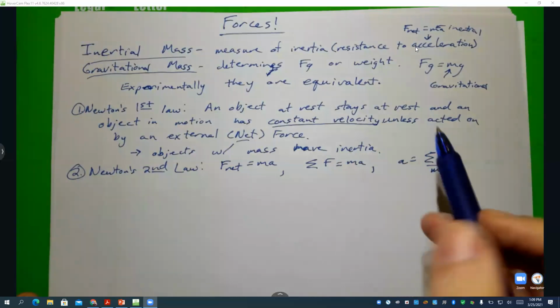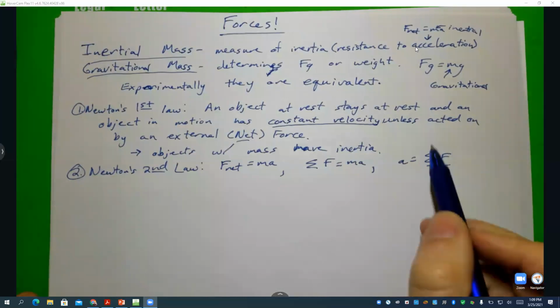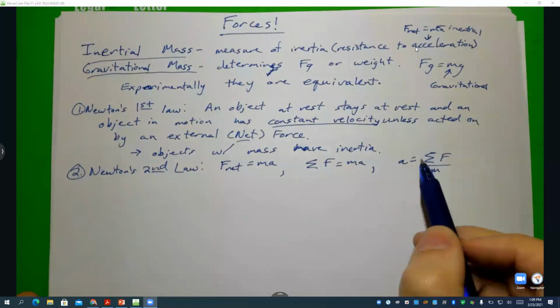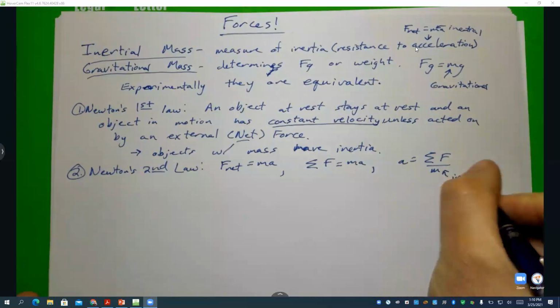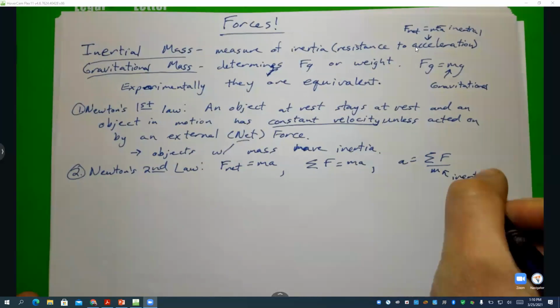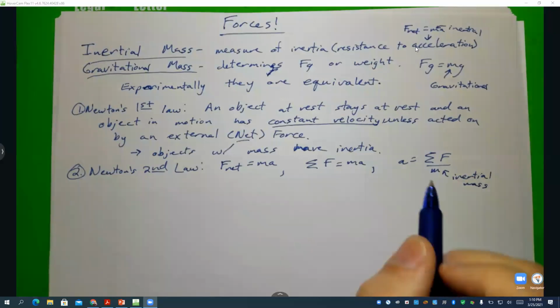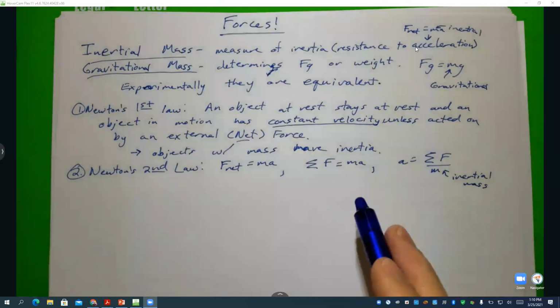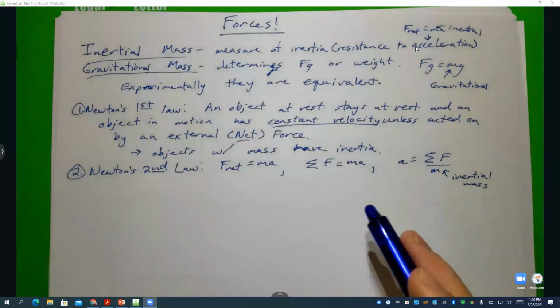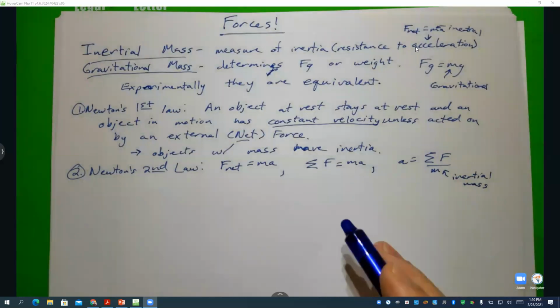But really all that means is acceleration is directly proportional to the net force, and inversely proportional to the mass, because this inertial mass resists acceleration. Big objects are harder to accelerate than smaller objects. I think that's all I want to say about Newton's second law.